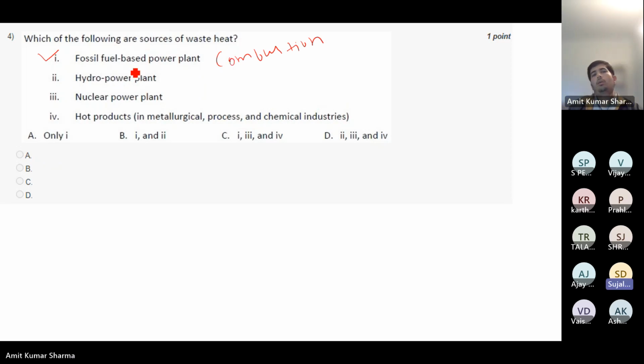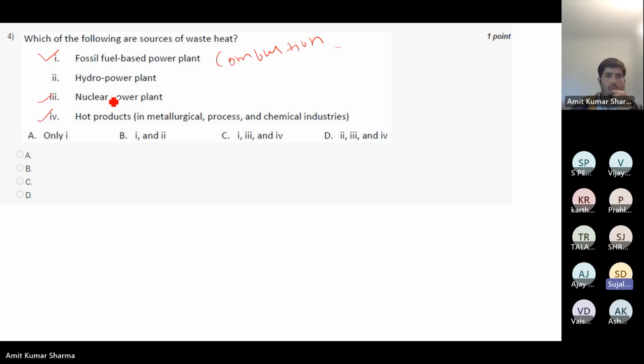Correct. The reasoning behind option 3, the nuclear power plant, is that when there is nuclear fission, a large amount of heat is released, but for the same reason, 100% of the heat is not used to convert to steam. Yeah, correct. And sir, I guess the same reasoning applies to the fourth option also, hot products in metallurgical and chemical industries.